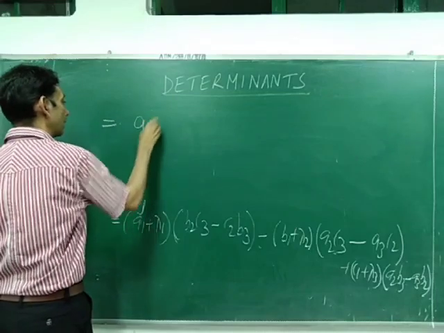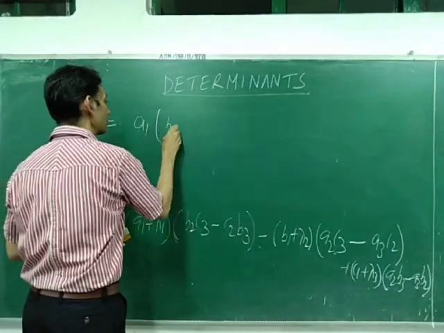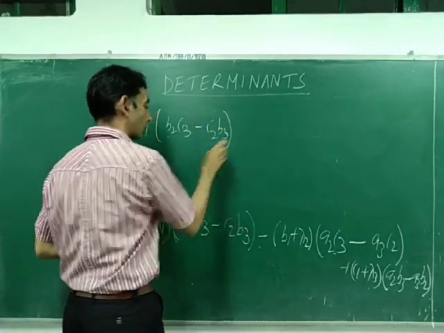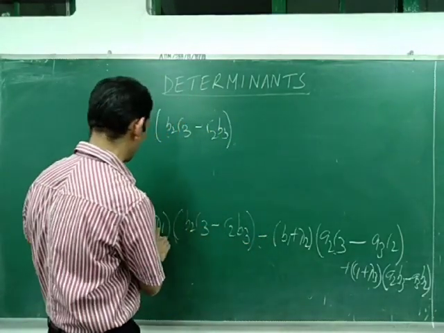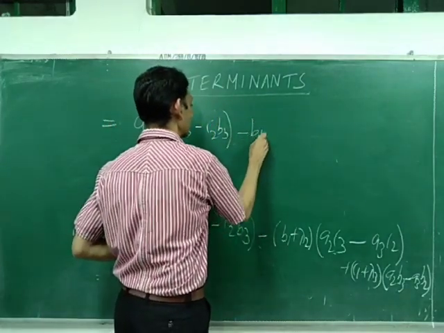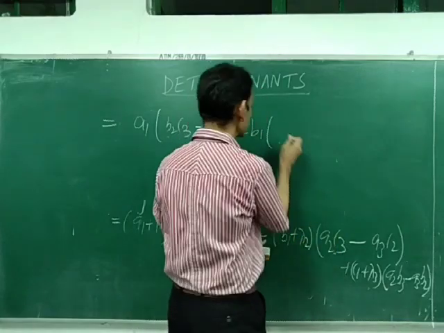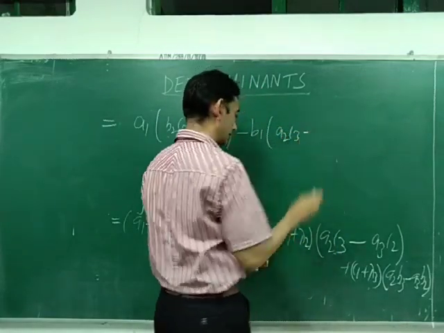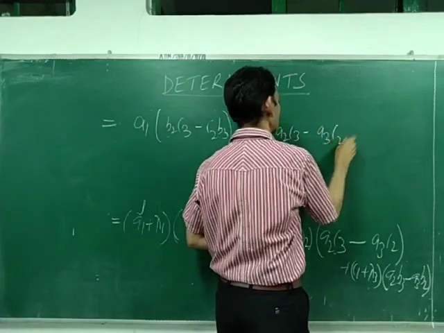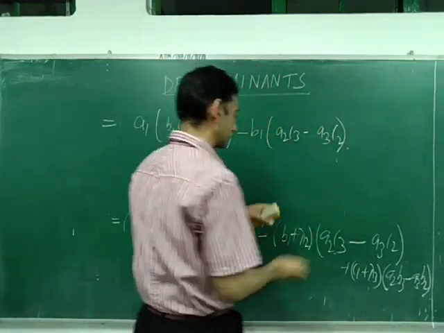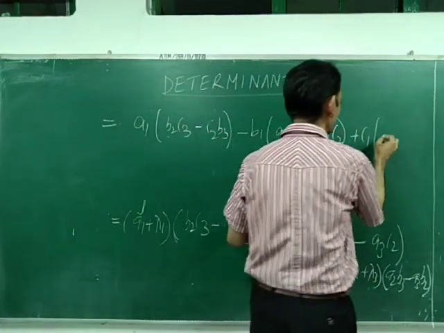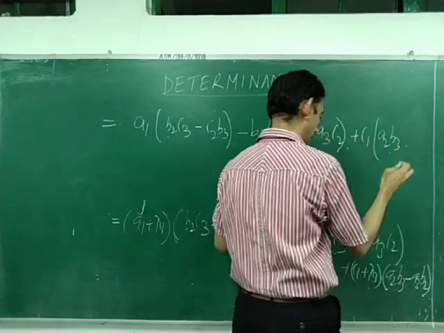So first A1 times B2 C3 minus C2 B3, then minus B1 times A2 C3 minus A3 C2, then the last element, plus C1 times A2 B3 minus A3 B2.